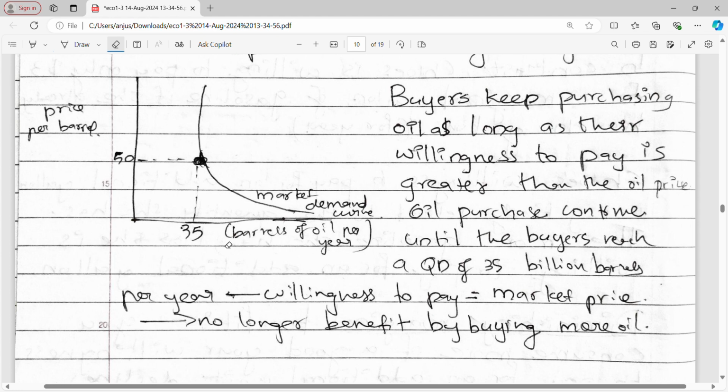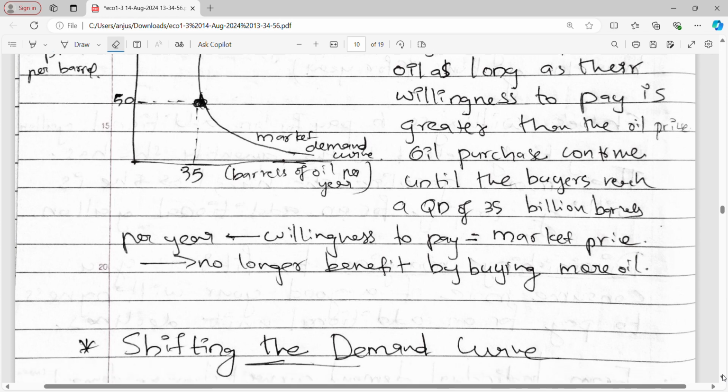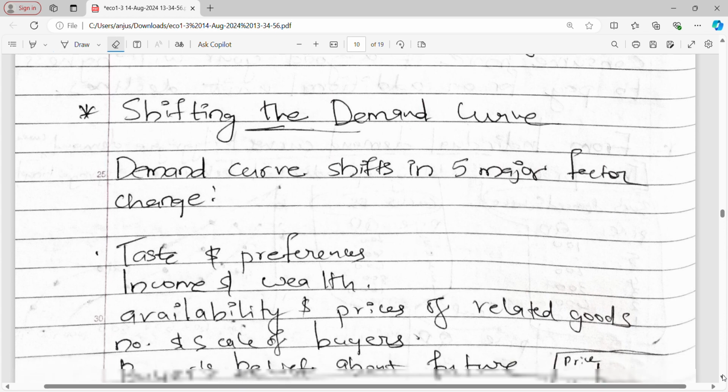After that there will be an excess supply. They don't need more than this; buying more oil no longer benefits the buyer. Next is shifting the demand curve.